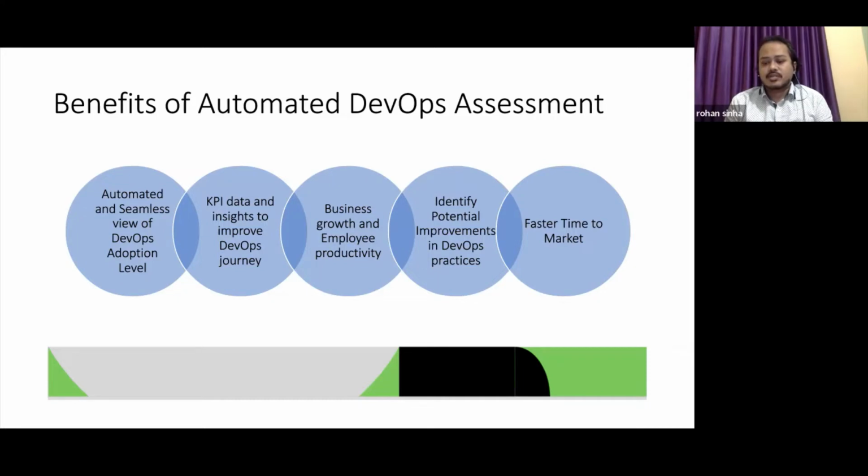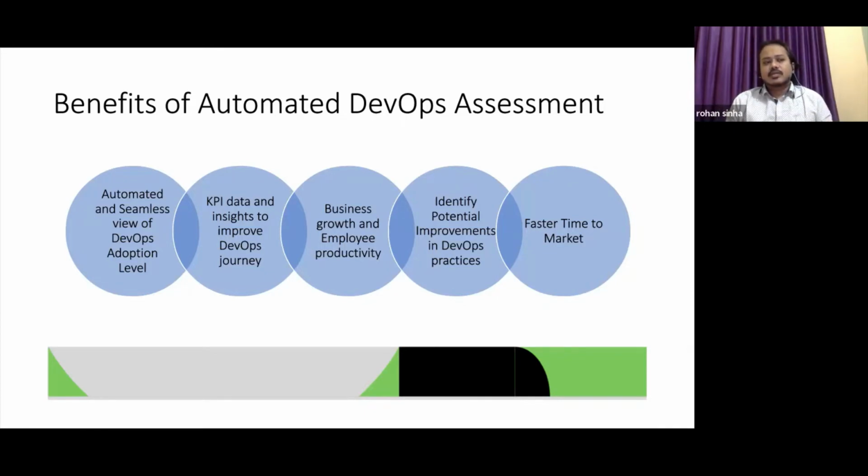When a portfolio does a DevOps assessment, they usually look into what they can improve in their current system, and whether their development and deployment models are in sync with the DevOps journey that is required to benefit their current packages.